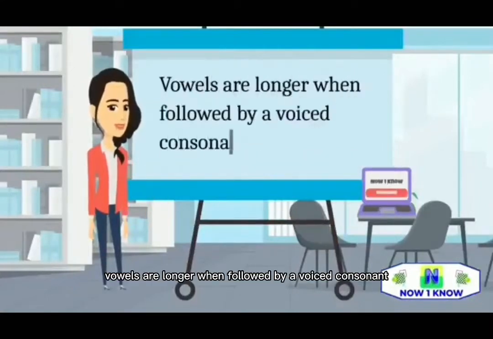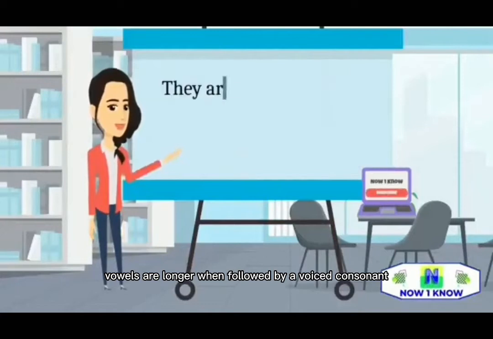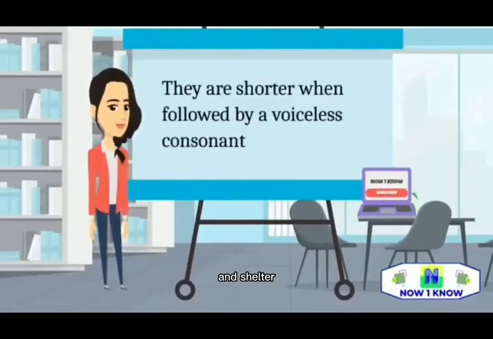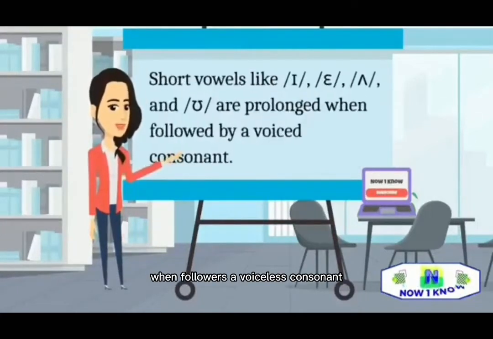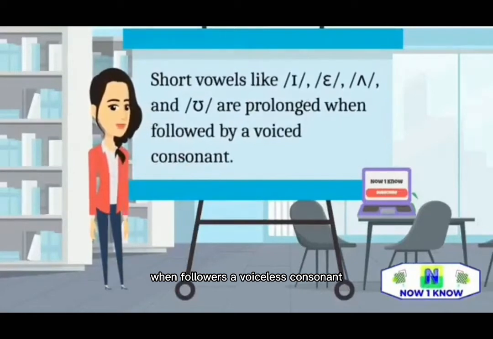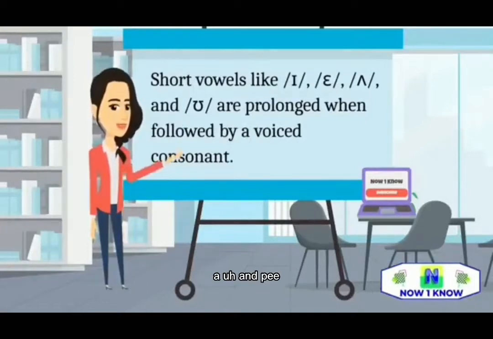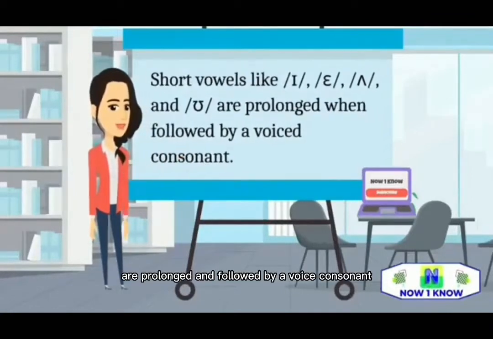Vowels are longer when followed by a voiced consonant and shorter when followed by a voiceless consonant. Even short vowels like e and i are prolonged when followed by a voiced consonant.